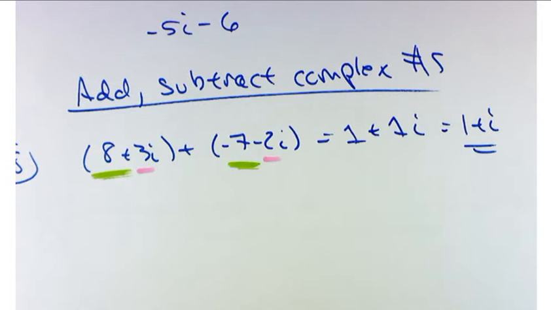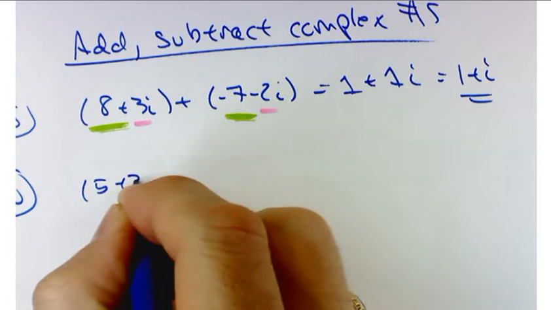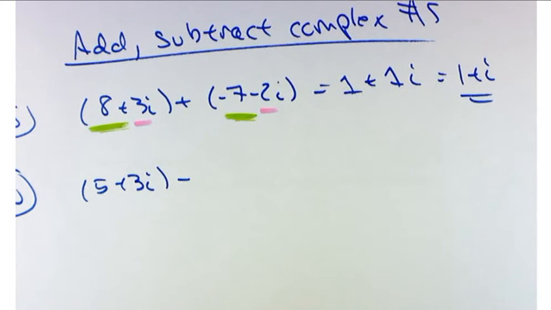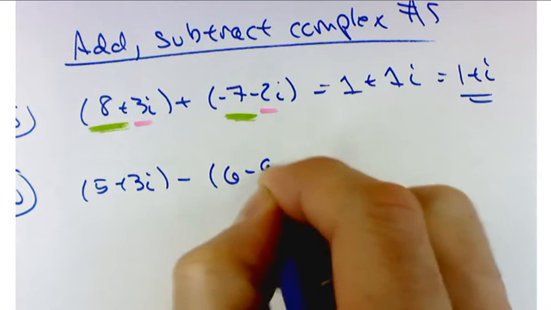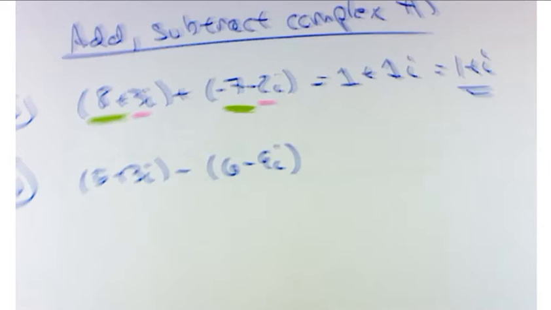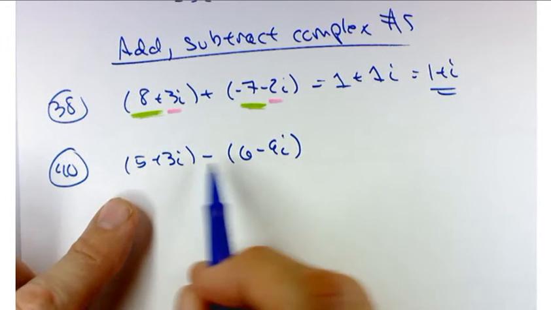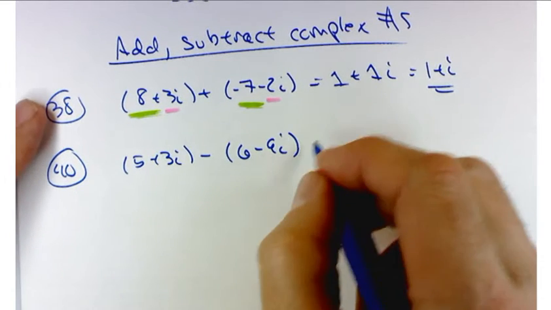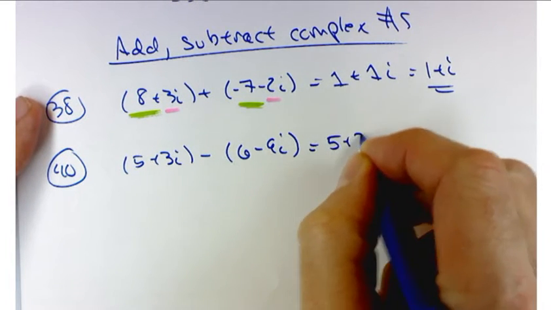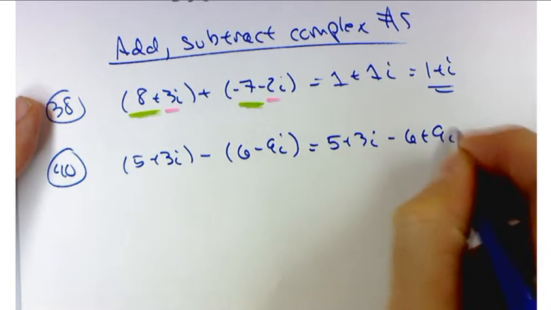Let's try problem number 40. (5 plus 3i) minus (6 minus 9i). Now in its way, it kind of reminds me of a little part of a problem that was on your exam. You have to be careful when you're subtracting these things because you need to distribute that negative to both of these terms. In fact, that's how I'm going to start out. I'm going to write it as 5 plus 3i, so I'm just dropping the parentheses there, minus 6 plus 9i.